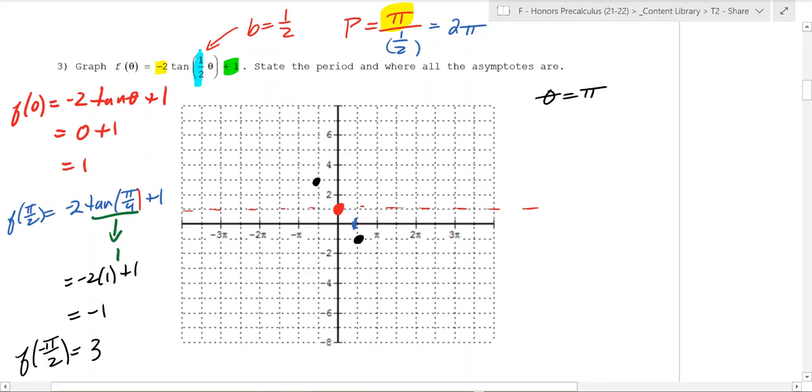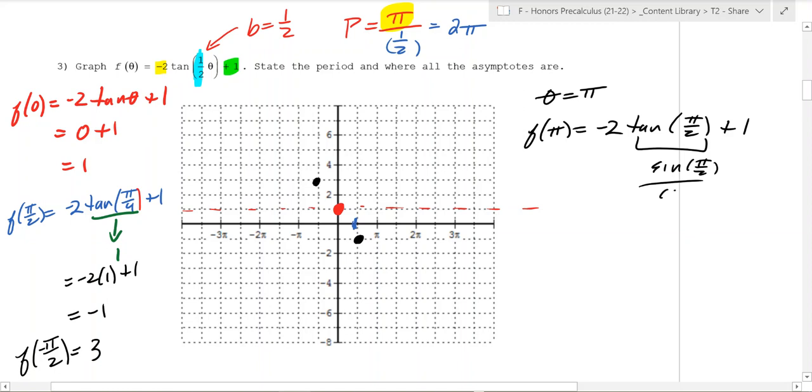If you plug in pi, you end up with f of pi equal to negative 2 tangent of pi over 2, plus 1. Well, this is sine of pi over 2 over cosine of pi over 2. But cosine of pi over 2 is 0, and you can't divide by 0. So there's going to be a vertical asymptote right here.